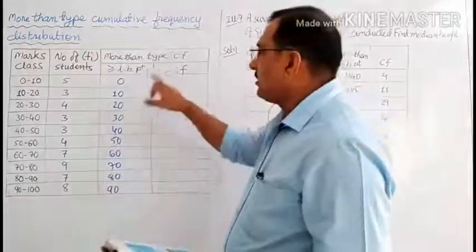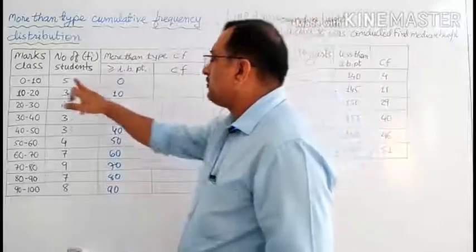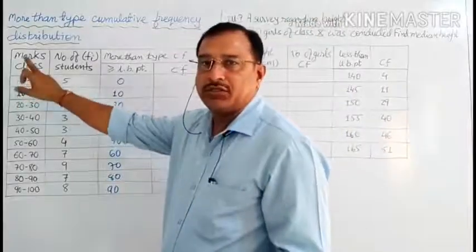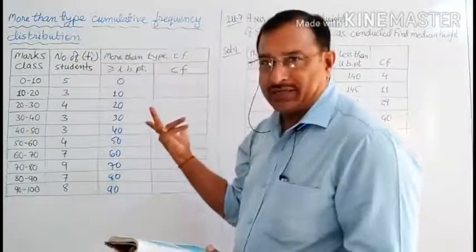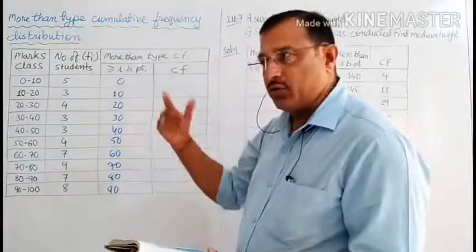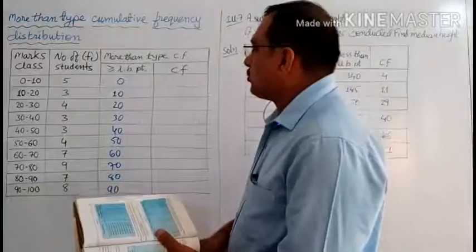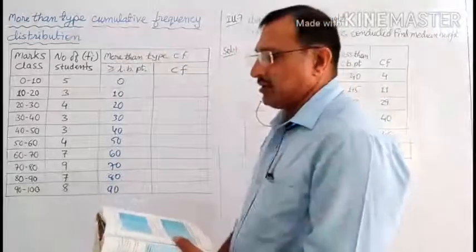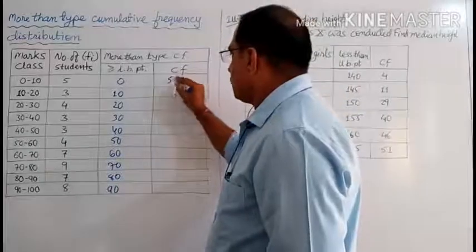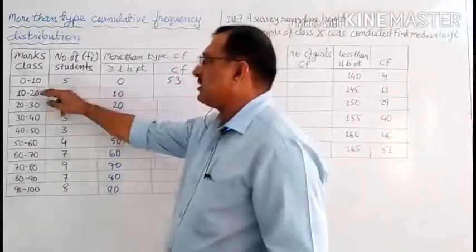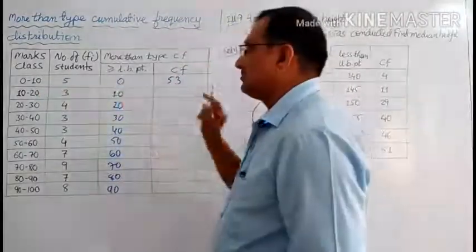But now in more than type cumulative frequency distribution, we want the students having scored marks 0 or more than that. So all the students have scored marks 0 or greater than that. That means you will get the total number of students here. How many students are there? 53.